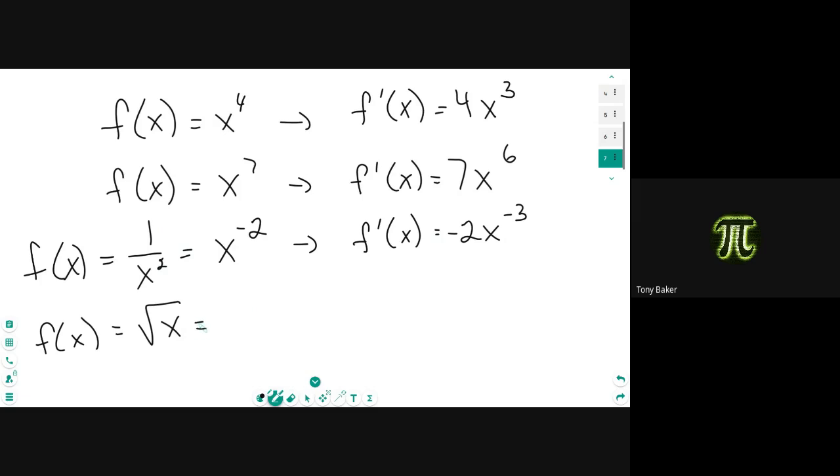What about the square root of x? What's the exponent for the square root of x? 1/2. So that is the same thing as saying x to the 1/2. So then my derivative of that would be what?